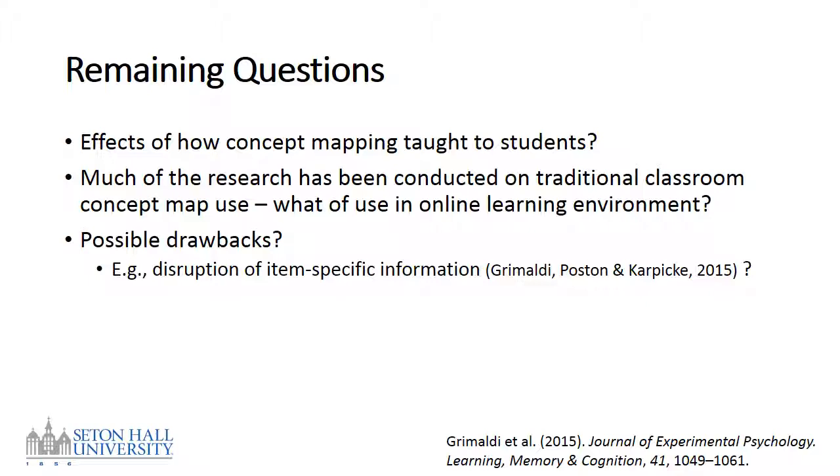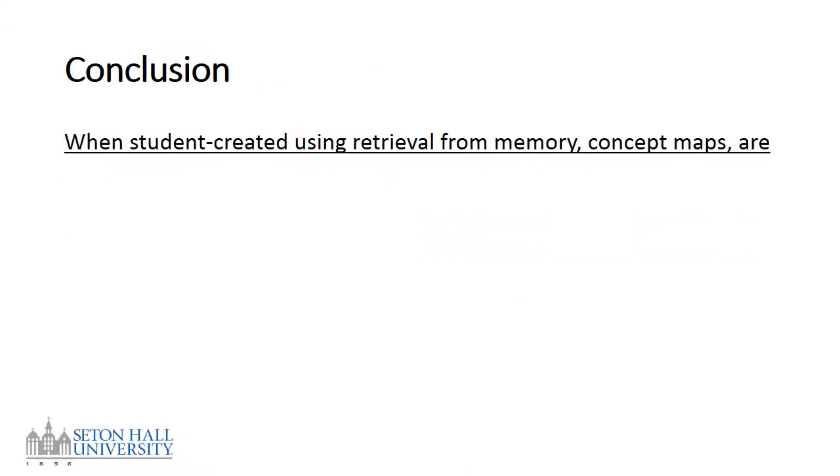And so, that might be another way to think about this: disrupting their memory for the nitty-gritty details, but improving their memory for the bigger picture. That was one study in one particular content area, so I think more work probably needs to be done following up on that study to see if this disruption of item-specific information generalizes across different kinds of content.